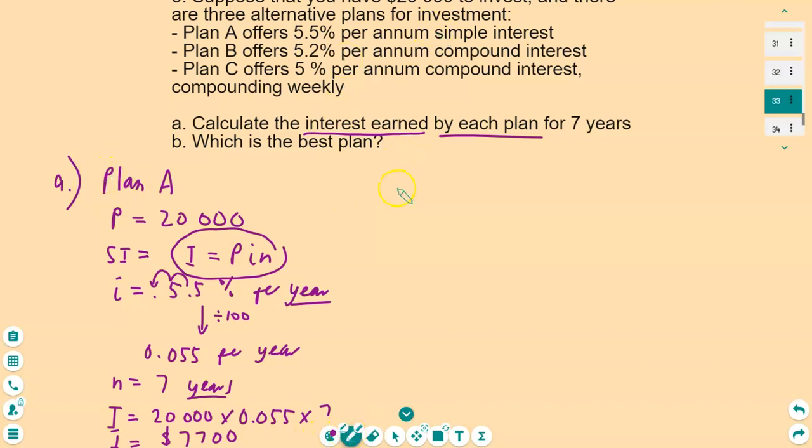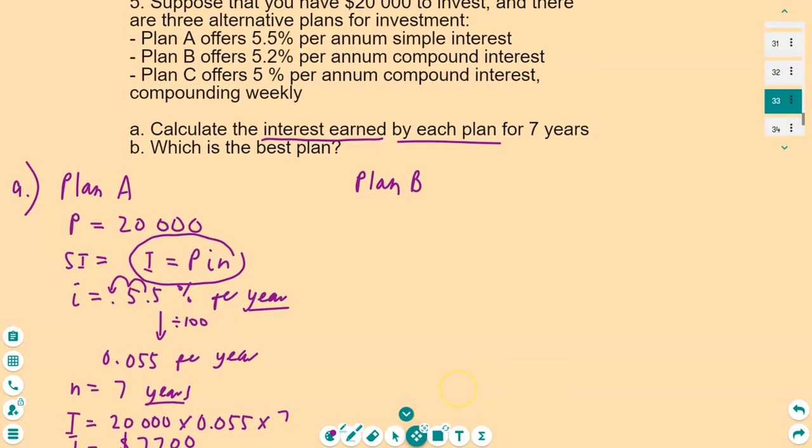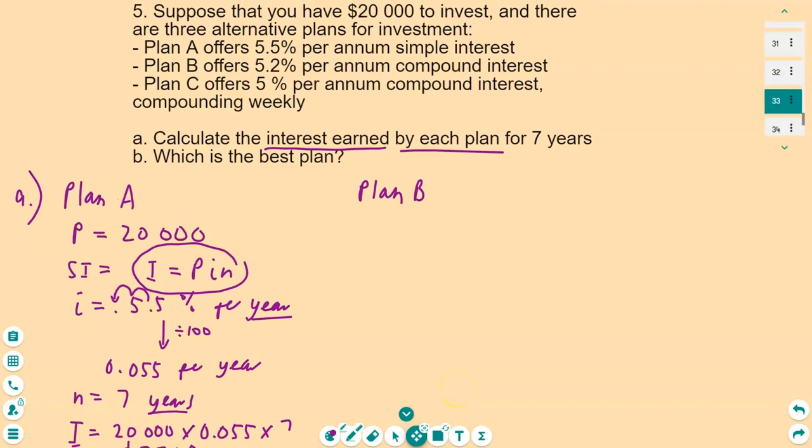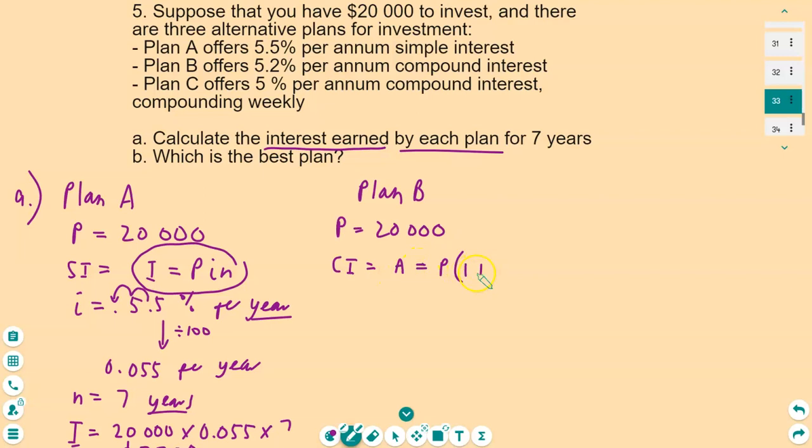Okay. Plan B. 5.2% per year compound interest. Let's move this over a bit. Again, P is 20,000. We know that our compound interest formula is A equals P times 1 plus I to the N. Our interest rate is different this time.